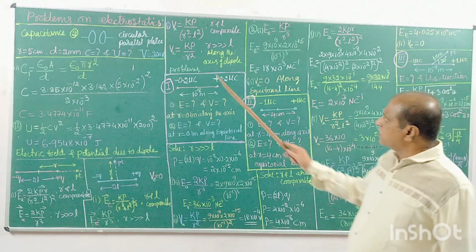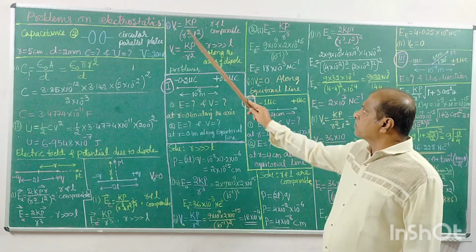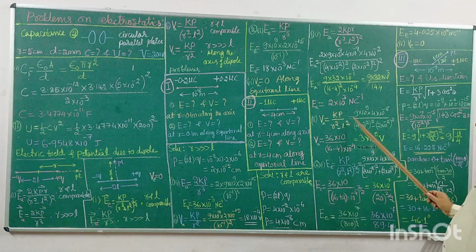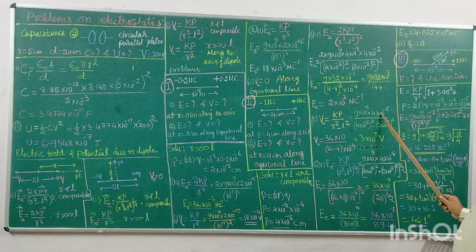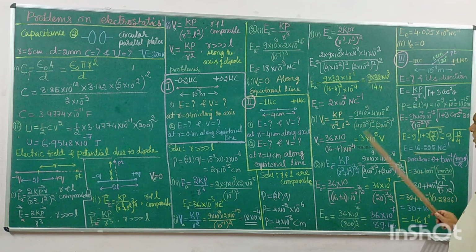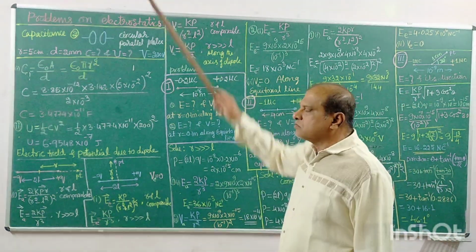That is the one we have to use, because values are comparable here. kp by (r square minus L square). Substitute for them: that is K, that is P, that is R, that is L. And simplify, we get this value, 3 into 10 to the power of 5 volt along the axis.